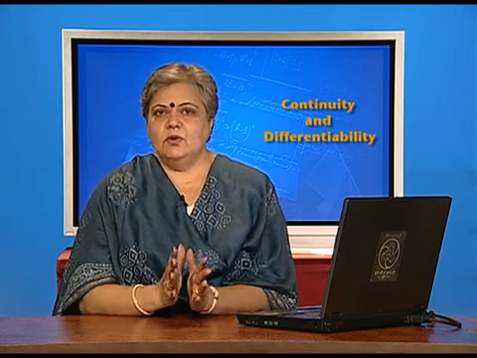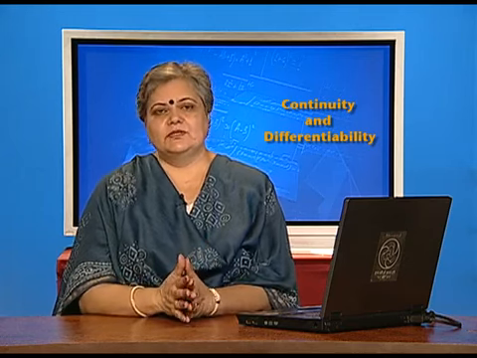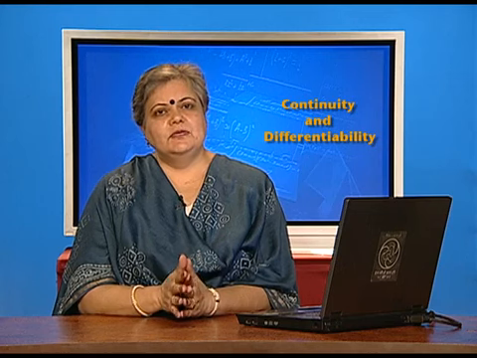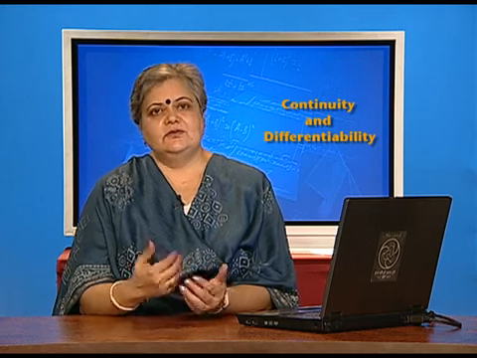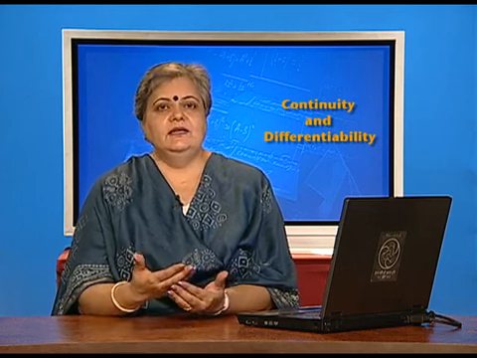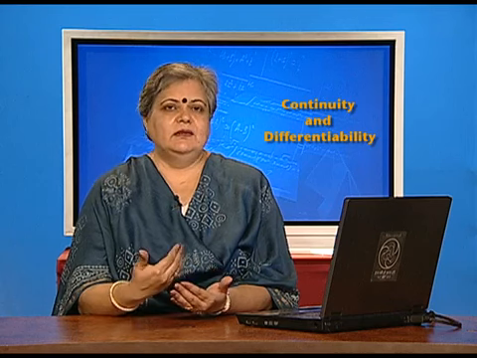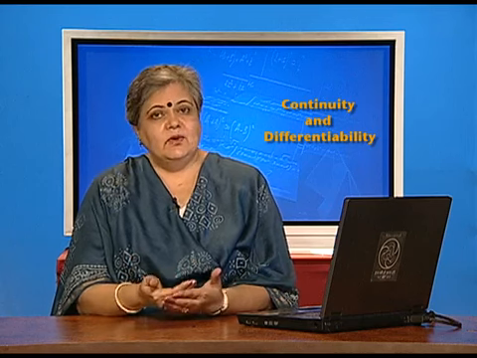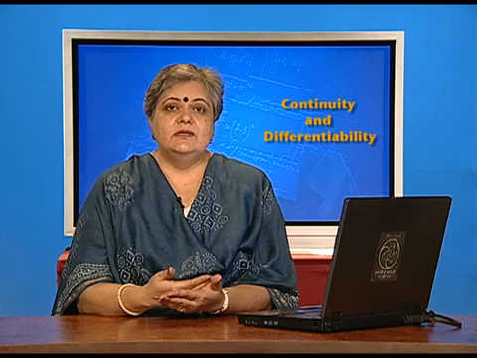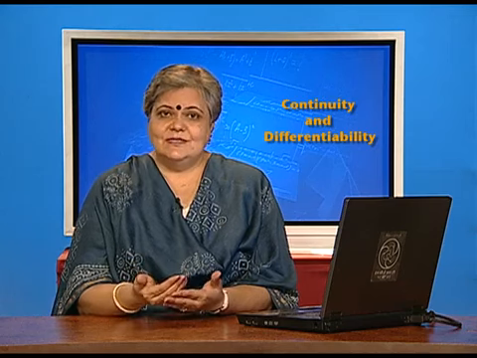Now, every time you see a function which involves modulus, absolute value function, the very first thing one must do is restate, rewrite, define it again, keeping in mind that the behavior of mod x depends on whether x is greater than 0 or x is less than 0.